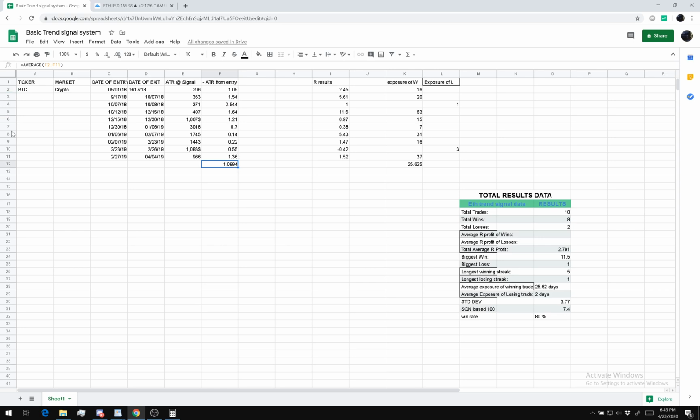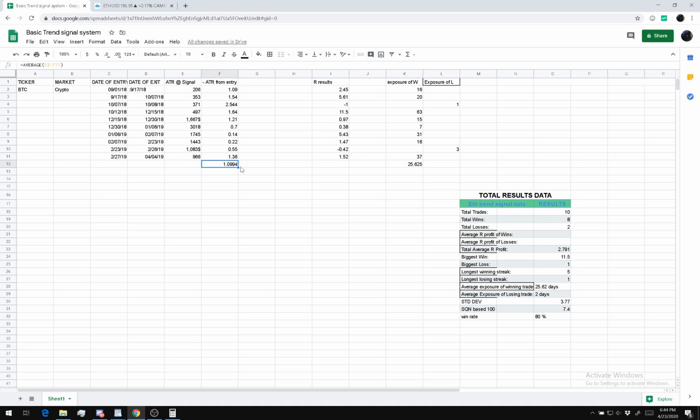So if we had enough data, let's say we did this 100 times, this number would be valuable, because maybe I'm using a 2 ATR stop, but the average it ran against me was only 1. So you could probably get away with a 1.5 ATR, or a 1.2 ATR. You can get away with a lower stop.